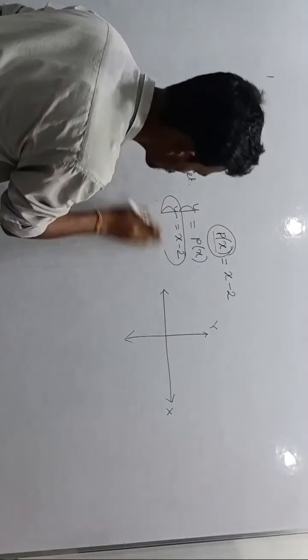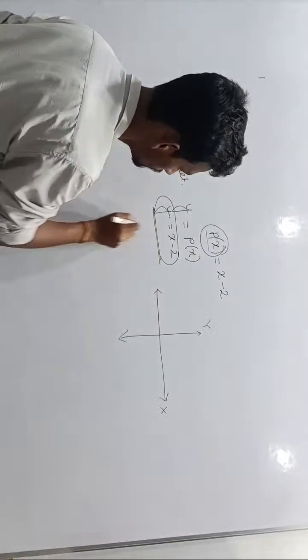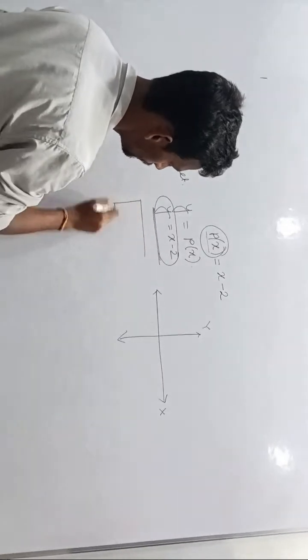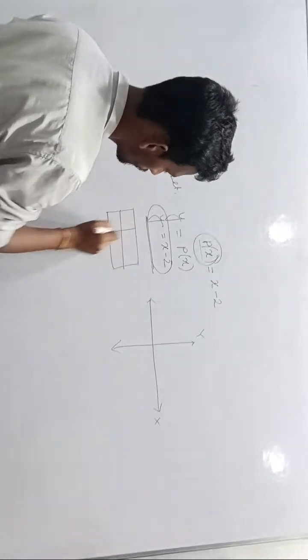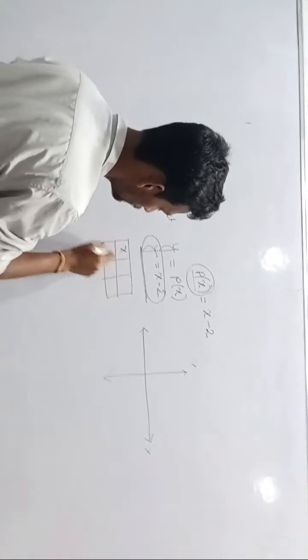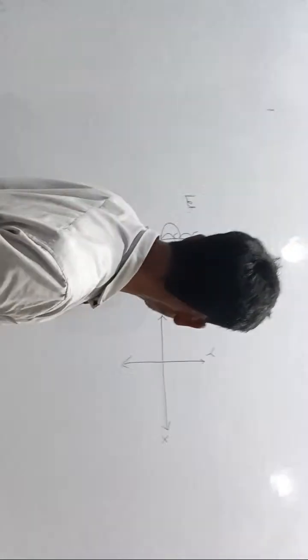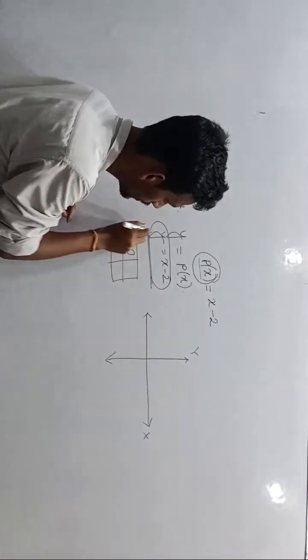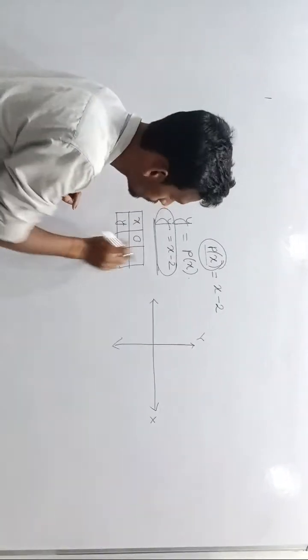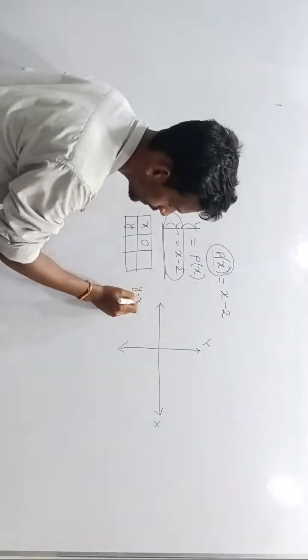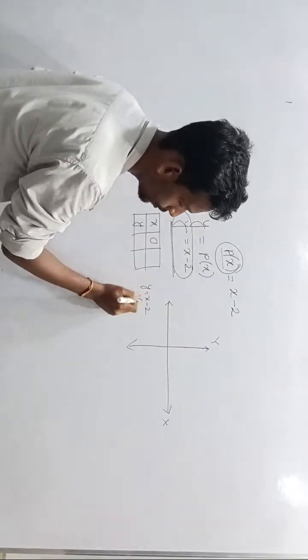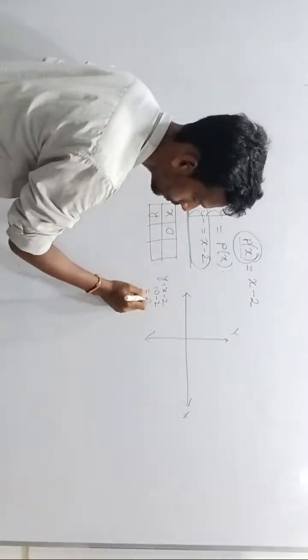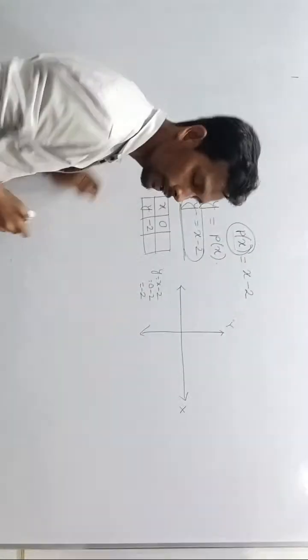Now see. Make a table of x and y. Now if in this equation you put the value of x as 0, then what is the value of y? See, y is equal to x minus 2. If you put x equal to 0, 0 minus 2, it will be minus 2. Y is equal to minus 2.